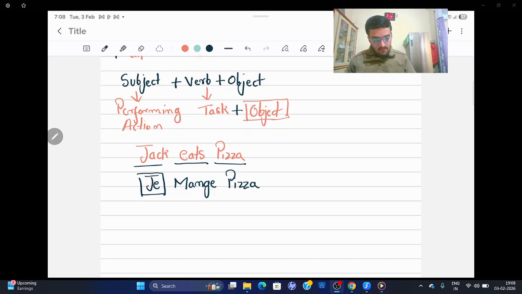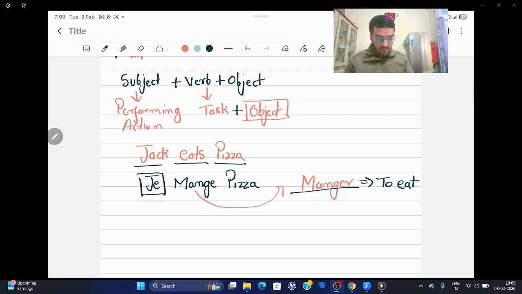Mange, this word mange, comes from the word manger. So manger refers to the process or the verb, that is, to eat. The manger is the infinitive form of the verb. When this infinitive form of the verb manger is conjugated with je, which means myself, it becomes the verb mange.